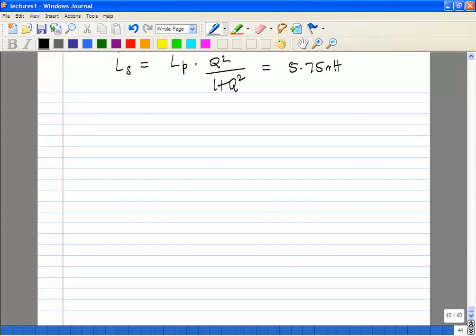Okay? And finally, what's the 4th step? C, in this case, happens to be 0.57 picofarad. Okay, so what do we know? Let's go back to your network.